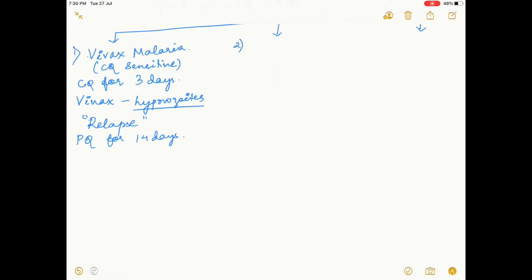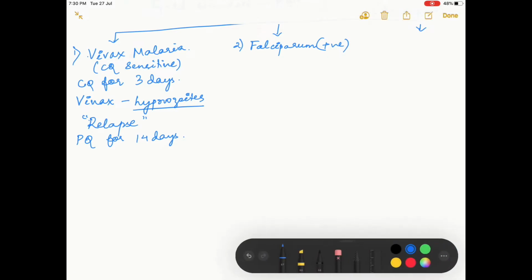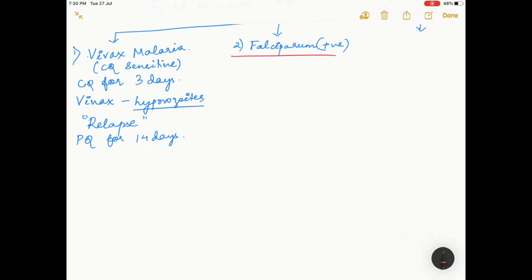Then the second case is if the peripheral blood smear comes out to be falciparum positive. What is the treatment? We know that falciparum is chloroquine resistant. So as it is chloroquine resistant, we now have to shift the treatment to ACT.